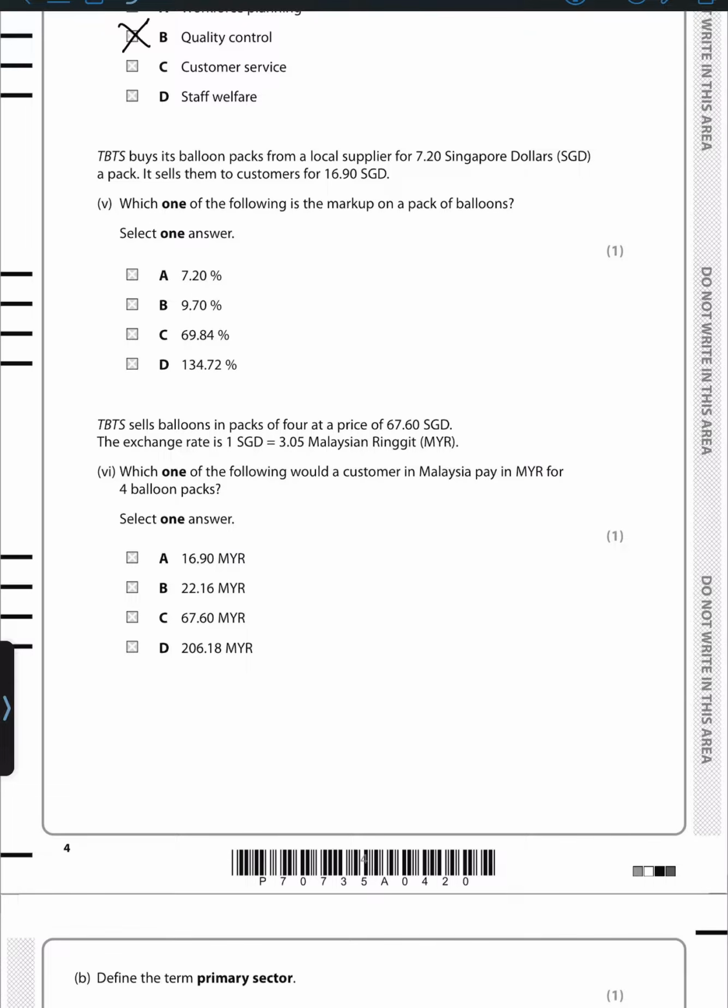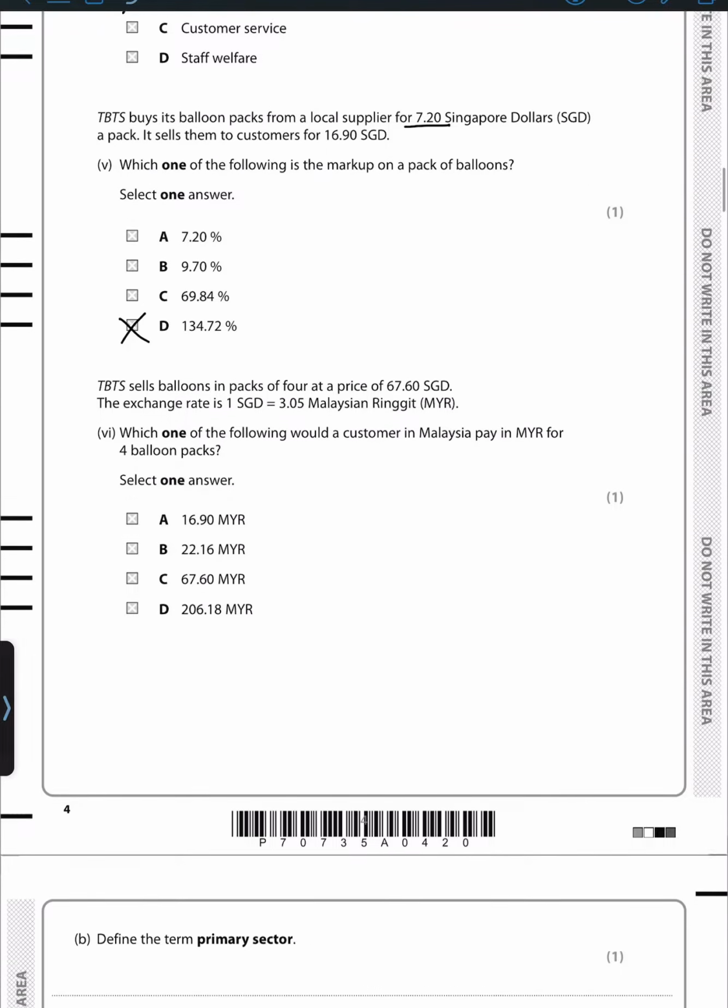That is not the correct answer because it is literally the cost of the balloon, so not this. Then number B is 7.9%, which is also again not the correct answer because it is basically the profit on the balloon. 69.84 is also not the correct answer because it is the profit times cost of the balloon pack. So the only thing we are left with is part D, 134.72%, and that is the correct answer.